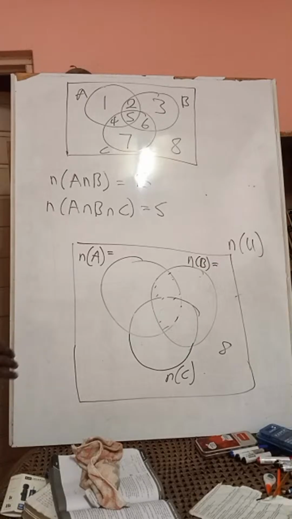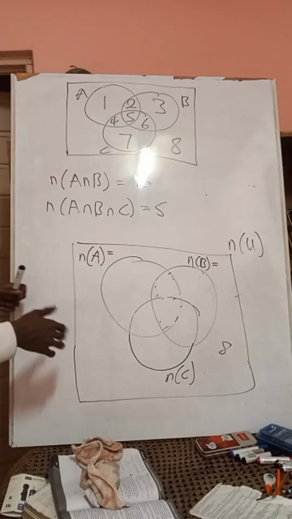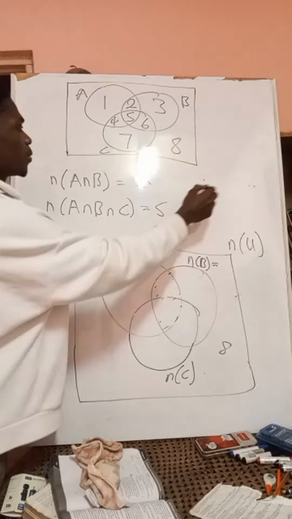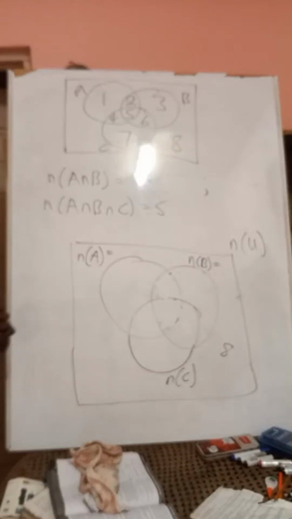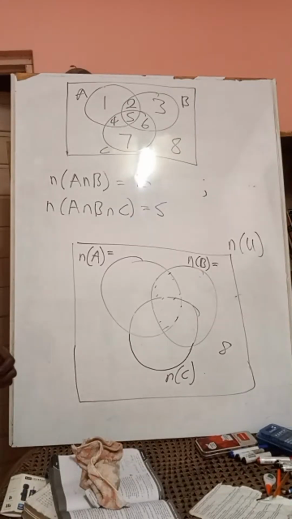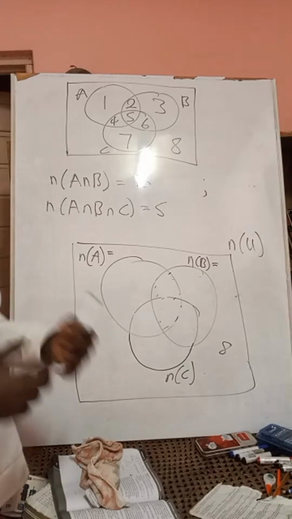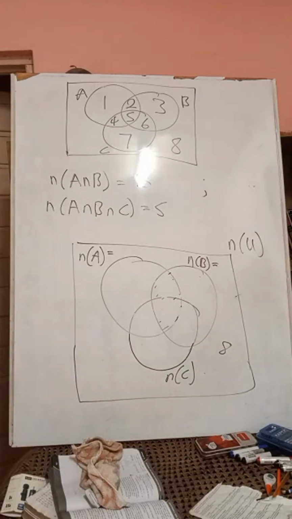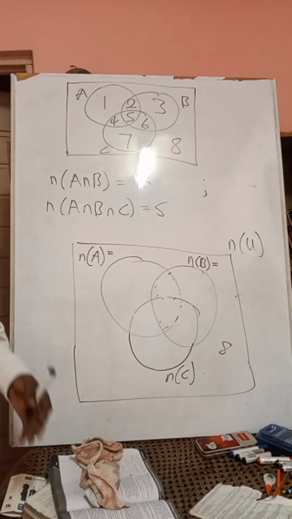Representing it on a Venn diagram. So whenever you are solving 3-set problems, bring a semicolon, representing it on a Venn diagram. You see the way I'm shouting, you can't sleep.